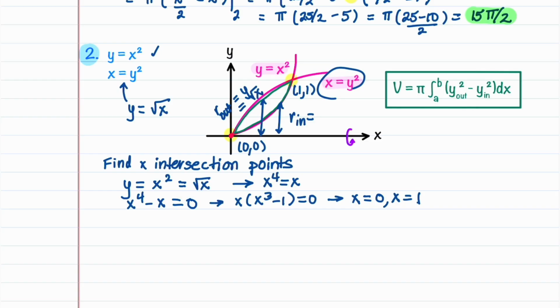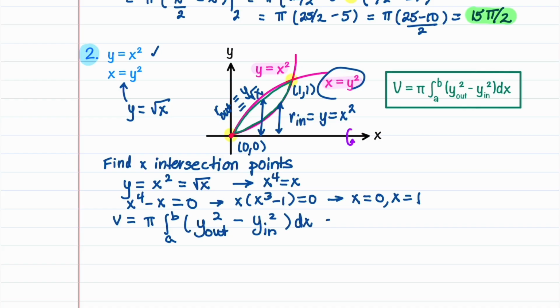So that height is equal to y, which is x squared. The formula that we're going to use is the volume is equal to pi times the integral from a to b of our outer radius, y out, squared, minus our inner radius, y in, squared, dx.